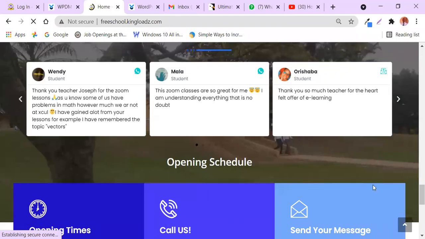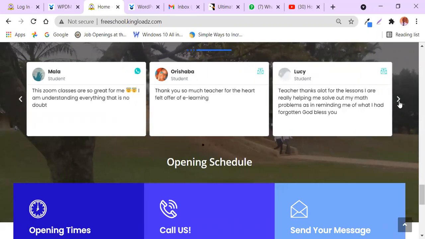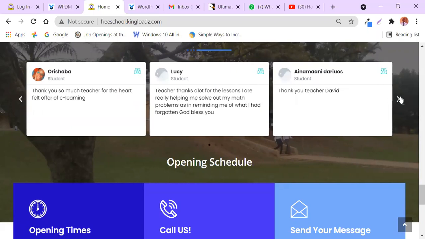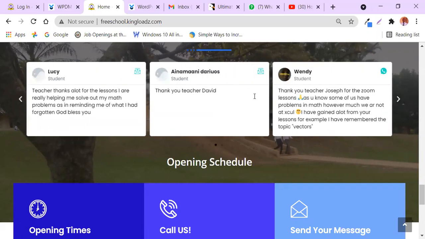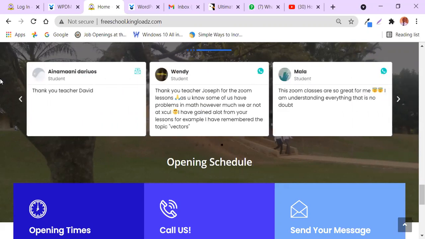Is Orishaba there? Yes. So I saw for Orishaba today, I put it there. I saw for Lucy, it is there. So when you send your photo, it looks nice there. But if you don't send your photo, it looks like this.